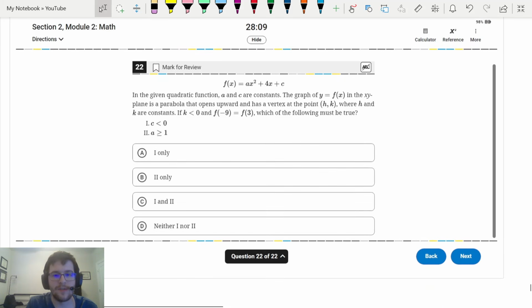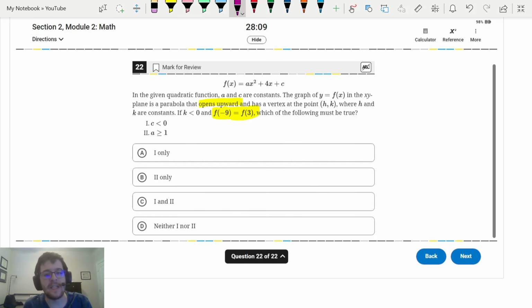Okay, so 22. The very first thing you should notice is it says it opens upward. So that means A is greater than 0. Then it tells you this business. F of negative 9 equals f of 3.